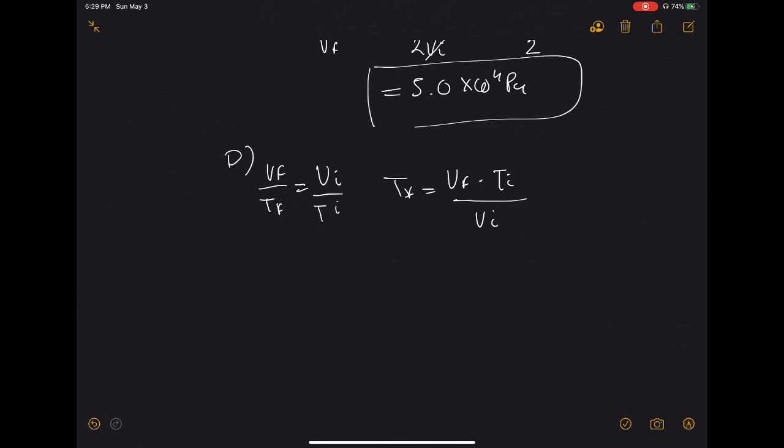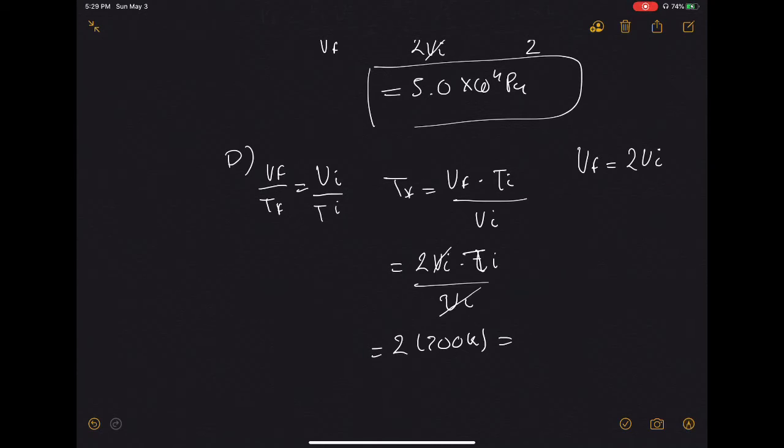We know the final volume equals 2 times V initial, so we plug that in: 2 times Vi times Ti over Vi. The Vi cancels, and we just have to multiply 2 times 300 K, because that is our initial temperature. That's going to give us 600 Kelvin.